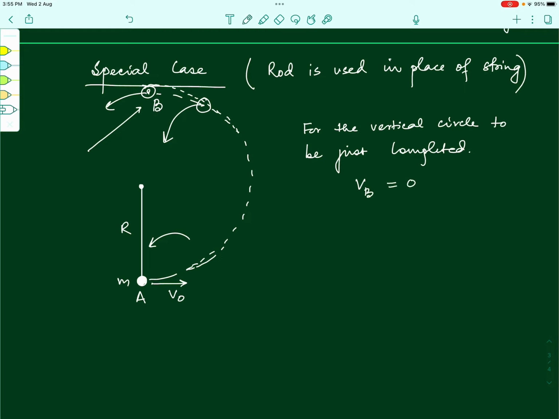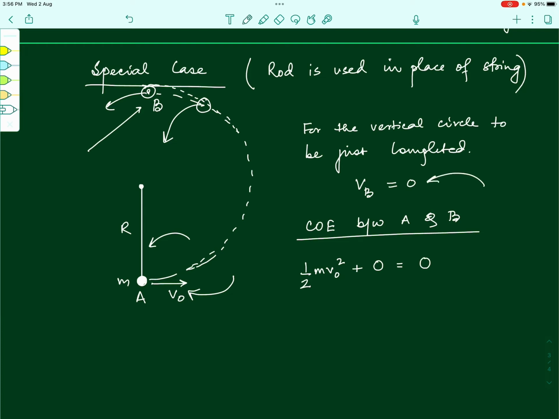And as soon as we understand this, we can now directly use the law of conservation of energy between the points B and A to find out the velocity at A to be given to the bob so that it is able to complete this circle. So, we use the conservation of energy principle between the points A and B, and that gives us the kinetic energy at A, half mv naught squared, plus the potential energy at A, which we have considered to be 0, is equal to the kinetic energy at B. Now, this will go to 0 because velocity at B has to become 0, plus what is the potential energy at B?